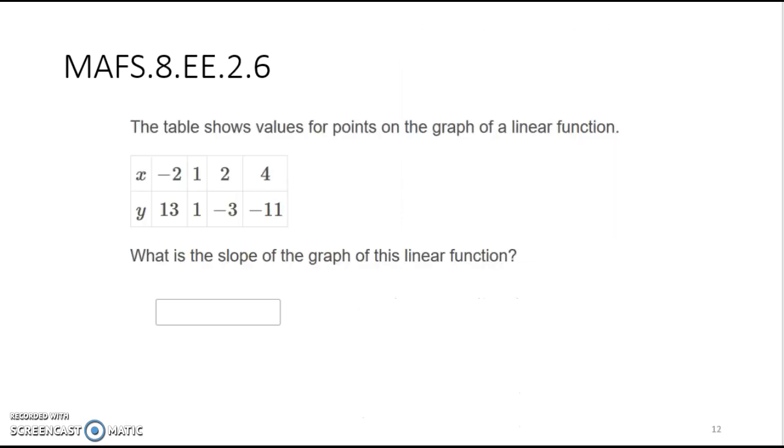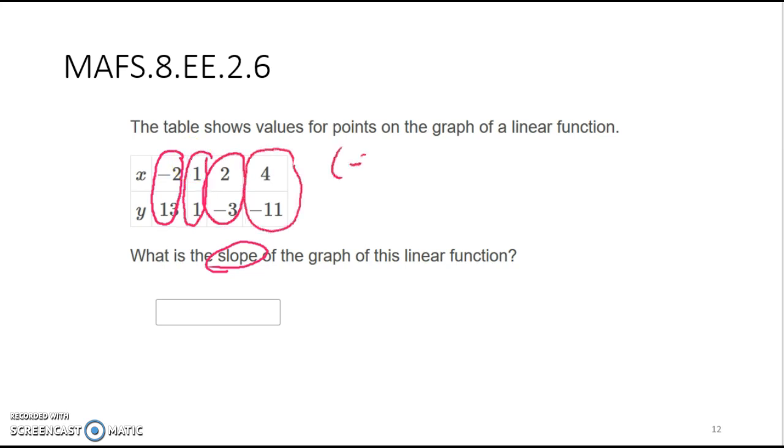The table shows points on a graph of a linear function. What is the slope? Remember, from a table, we can always get a set of xy coordinates. So all of these are an xy combination.